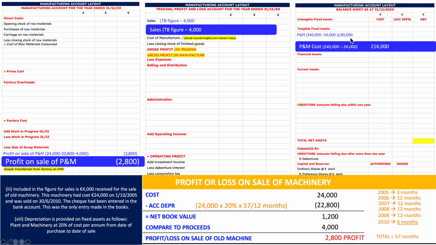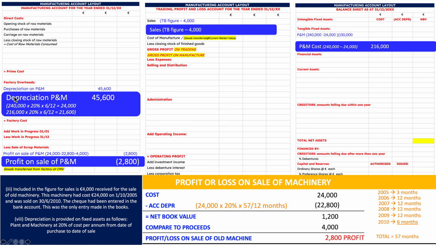We'll minus the accumulated depreciation in a second, but we'll do the depreciation for the year first. So depreciation in plant and machinery is depreciated at 20% of cost per annum from date of purchase to date of sale. So for the first 6 months of the year, the cost of the plant and machinery is 240,000. So 240,000 by 20% by 6 over 12 is €24,000.